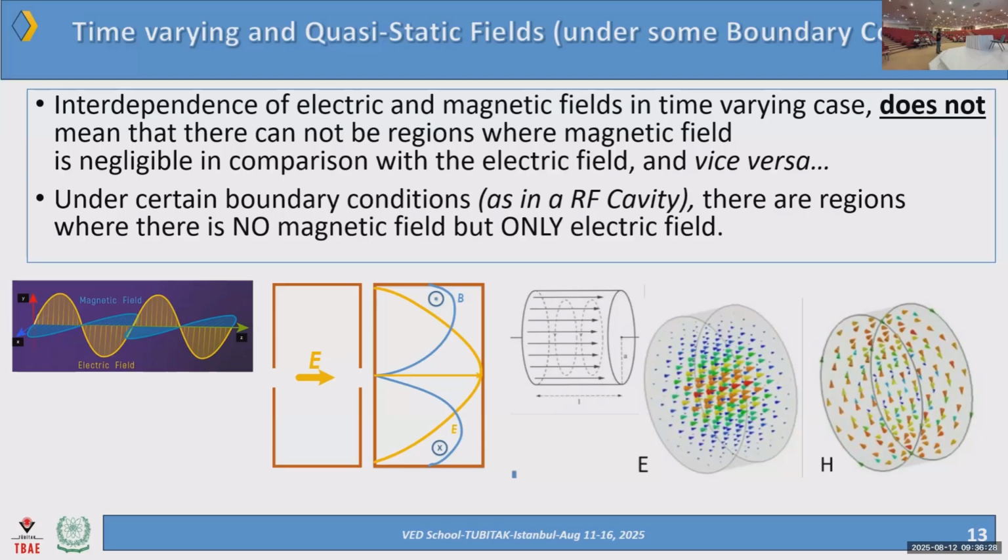This is a CST simulation. I borrowed it from one of my colleagues' slides. This is basically a cartoon showing in 3 dimensions the electric fields and the magnetic field curled around. The magnetic field is curled, the electric field is going straight in the propagation direction.